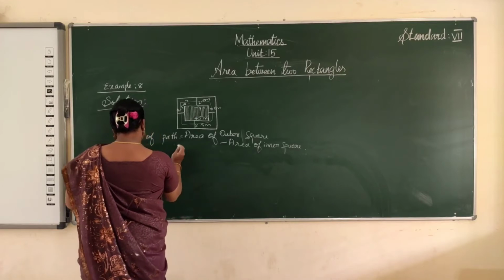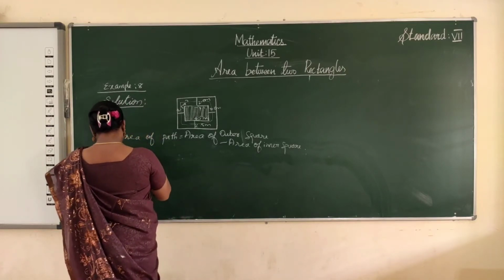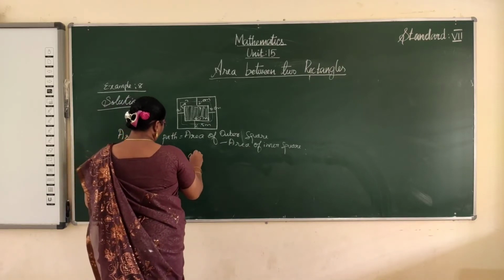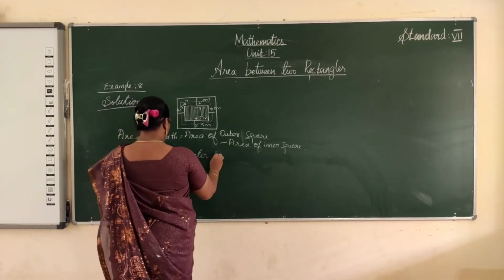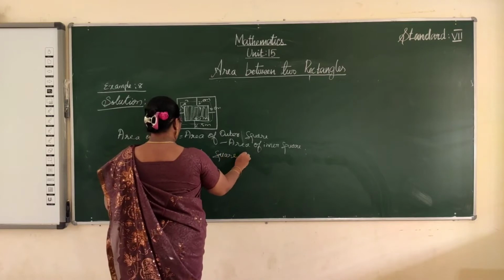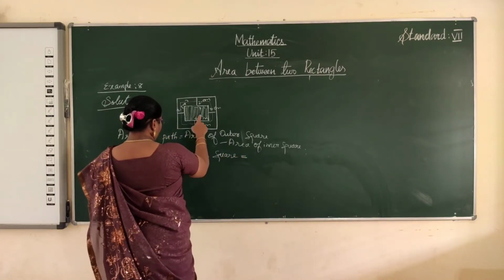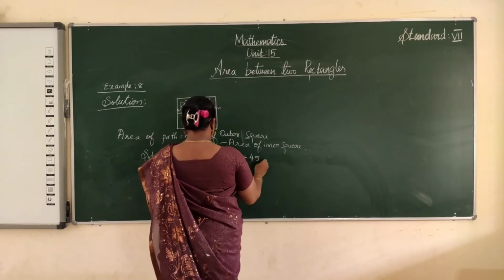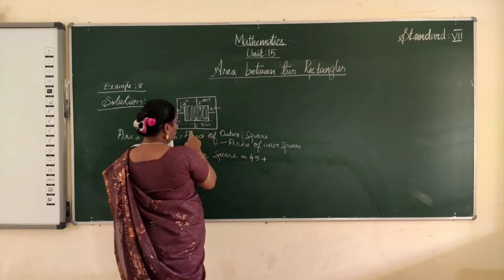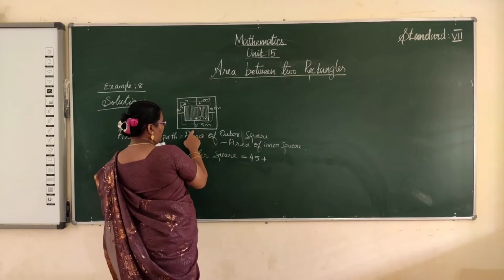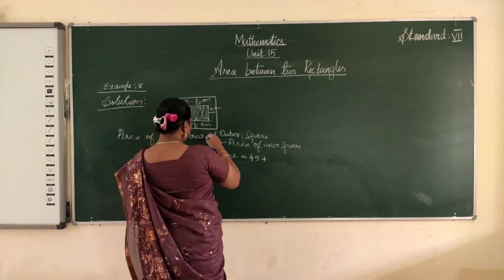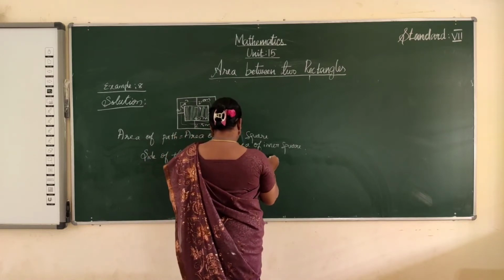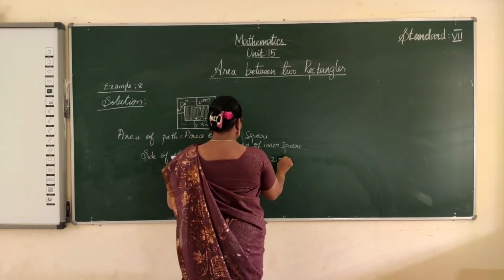First we calculate the side. The side of the outer square is equal to 45 plus 2.5. Why do we add 2 times?